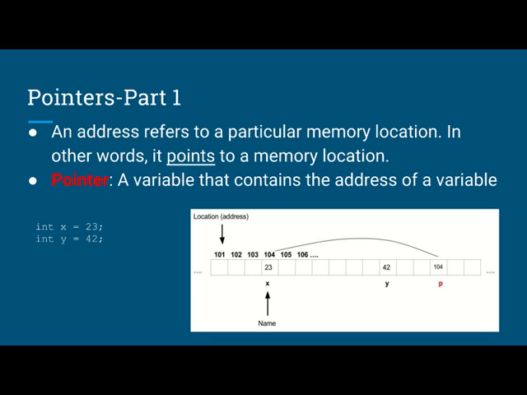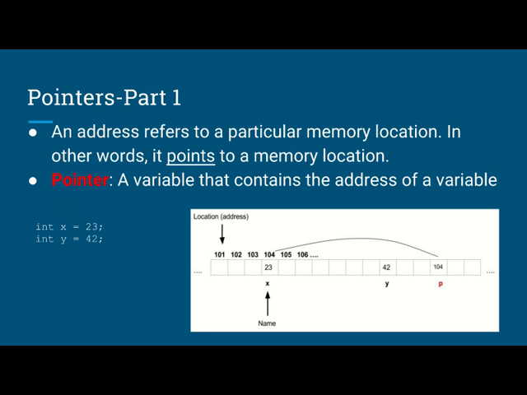All right? A pointer is a variable that contains the address of a variable. So for instance, x and y are just normal variables. The int x was 23, int y was 42. But p here is a pointer.